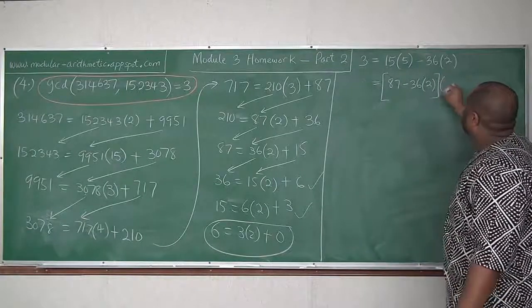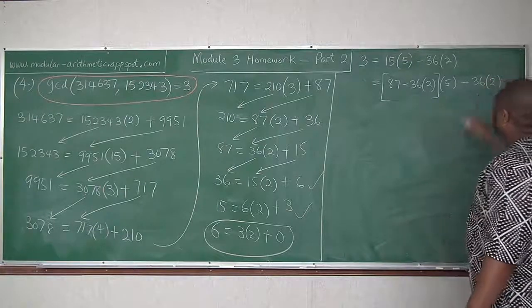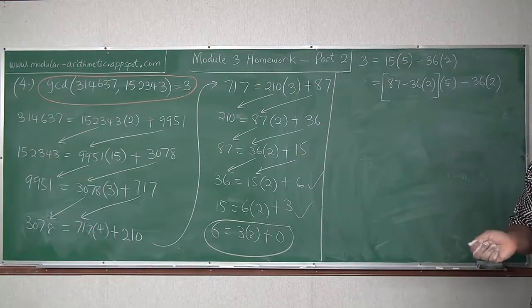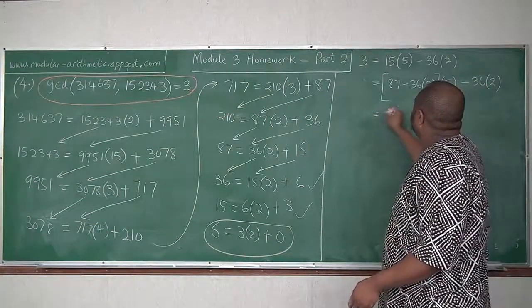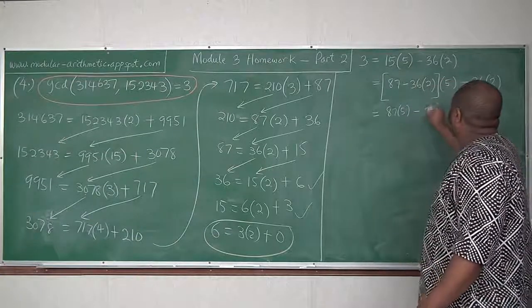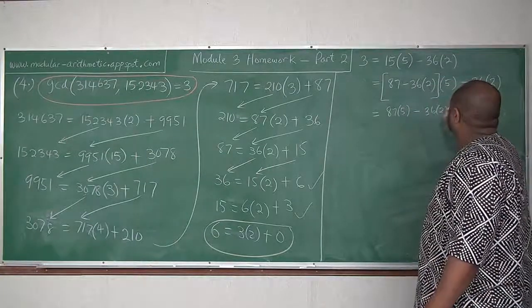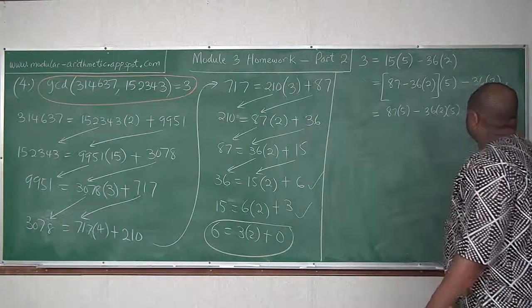Okay? And then this is times 5 minus 36 times 2. Okay? Step by step. And this will be 87 times 5 minus 36 times 2 times 5 minus 36 times 2.